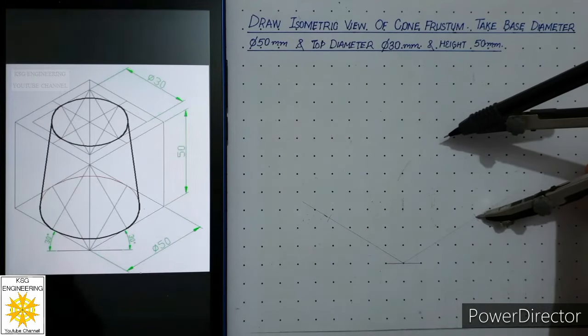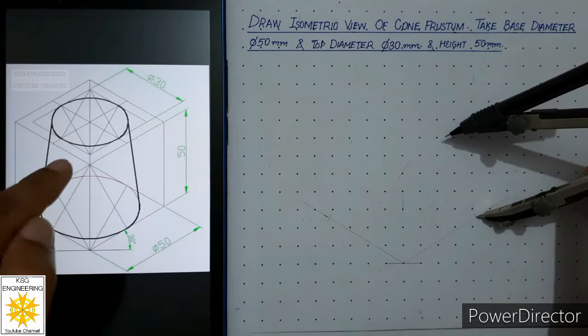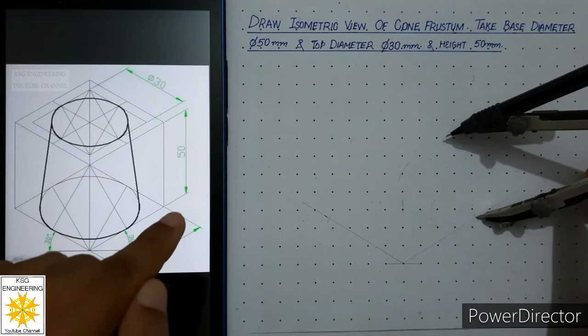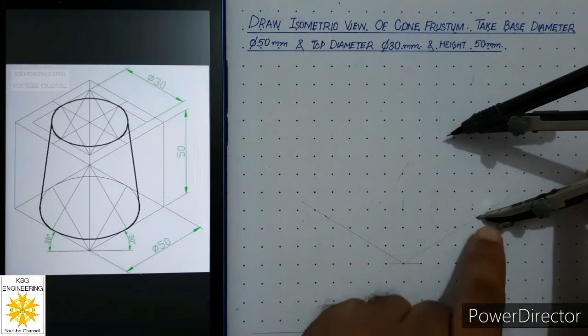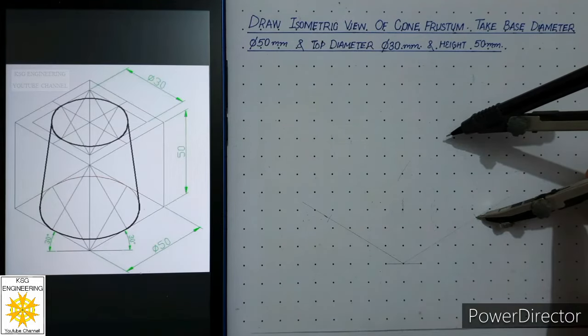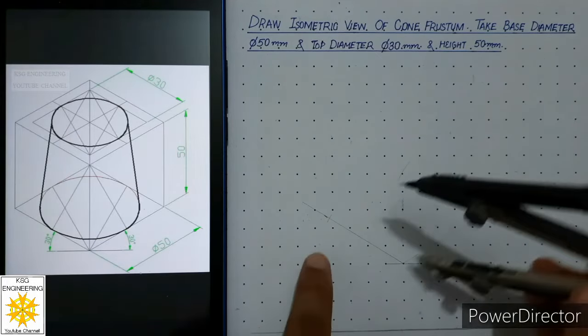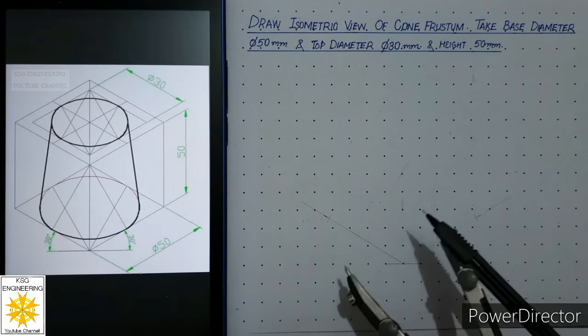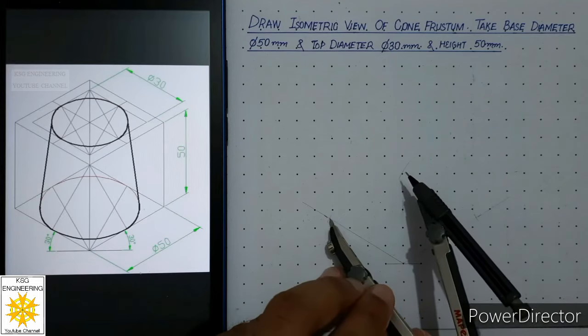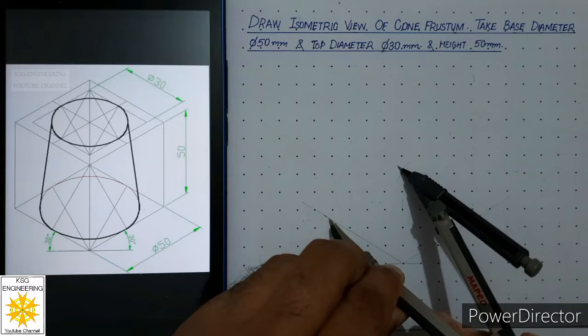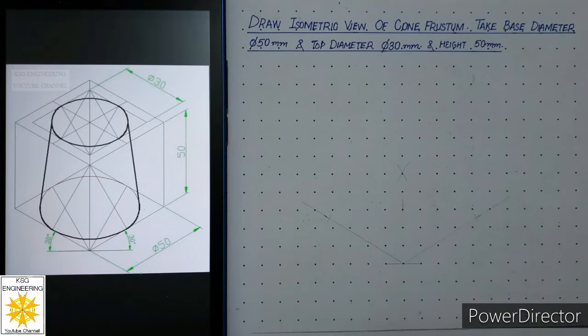because we are constructing the isometric of a cube, and over here the base of the cube is a square. So the isometric of a square will be a rhombus. So first of all we are drawing the isometric of a rhombus. So from this point we will mark an arc at 50 mm. Then we will place the compass at this point and we will draw the second arc which will intersect the first arc, and draw these arcs thin.